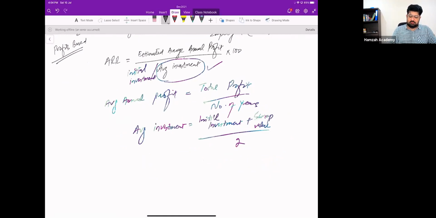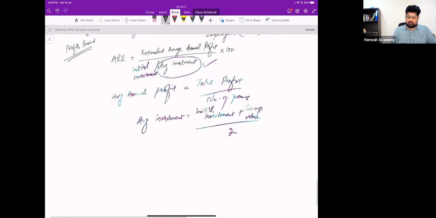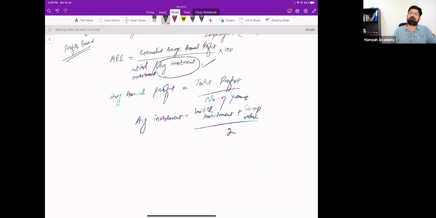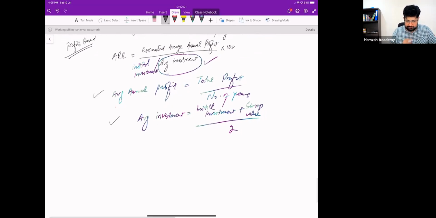Now, next point. So students, we will proceed further with it. We'll proceed with an example. If you have noted it down, I will take you to the Excel sheet. We will solve one example over there.